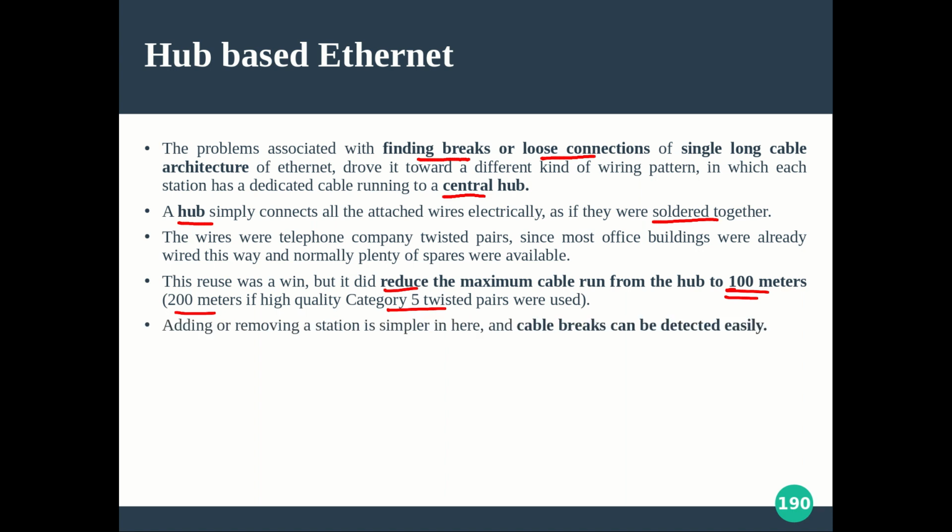Adding or removing a station is easy here, and cable breaks can easily be detected, because if somebody is facing a problem, you just have to check the connection from that device to the central hub, and not throughout the media. So adding as well as removing a station is easy, and it is easy for us to detect cable breaks.